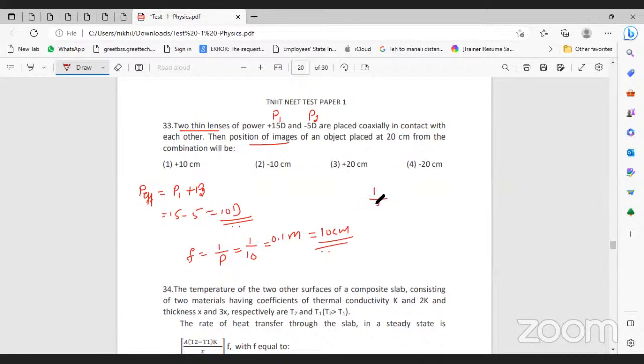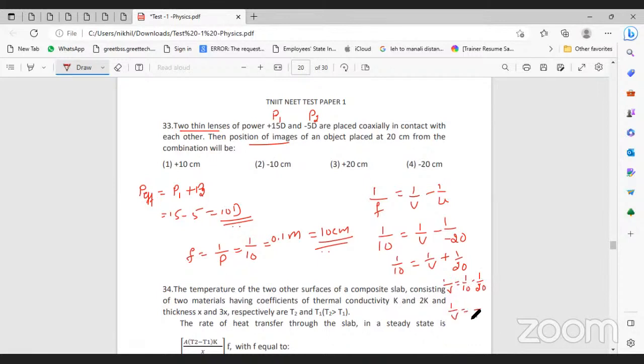You know the lens formula is 1 by f is equal to 1 by v minus 1 by u. 1 by 10, you have to find the image distance. Your object distance is minus 20 because it is taken opposite to that. How to simplify this? 1 by 10 equals 1 by V plus 1 by 20, or you can take 1 by V equals 1 by 10 minus 1 by 20.